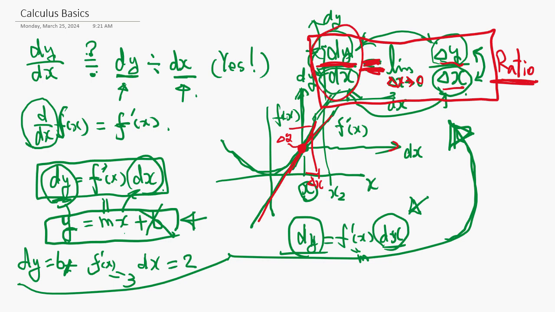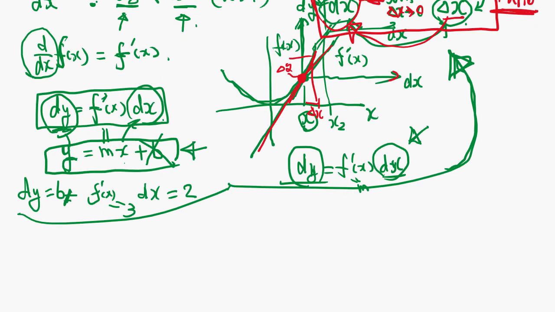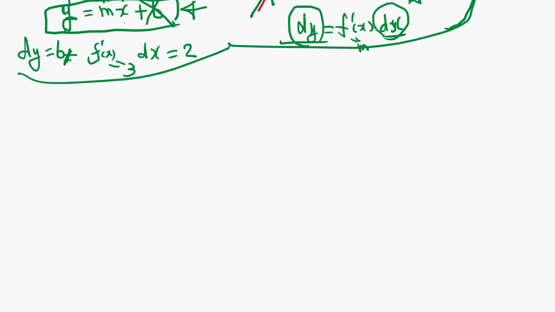So the ratio is equal. Nobody says delta y becomes dy and delta x becomes dx. Nobody said this. The ratio is equal. And that's a big misunderstanding most students have when they learn calculus.